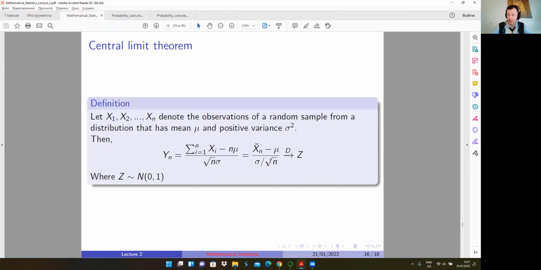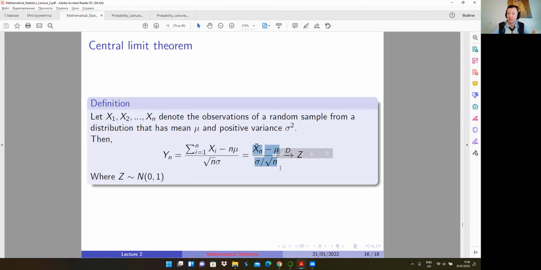Whenever I multiply this ratio by n, I will have the sum of Xi minus n mu in the numerator, and the square root of n, instead of being in the denominator, becomes part of the numerator. Okay, so these two fractions are identical, but this fraction might be more familiar to you.